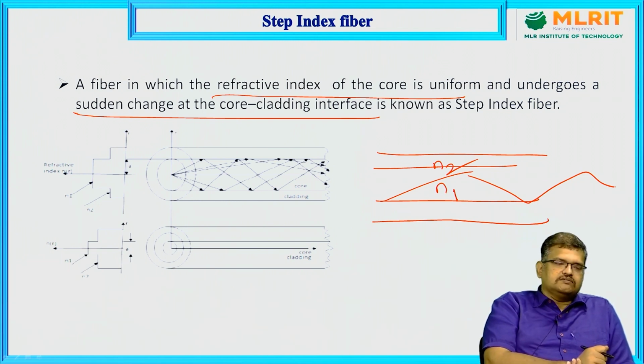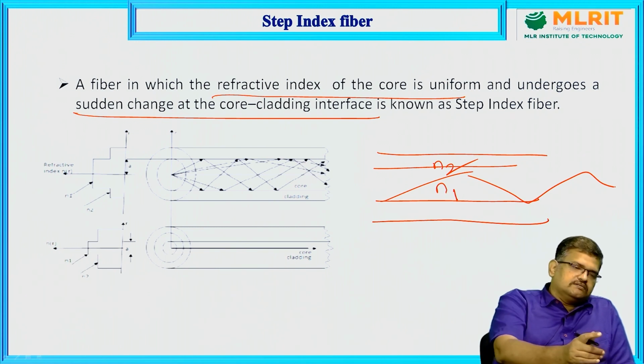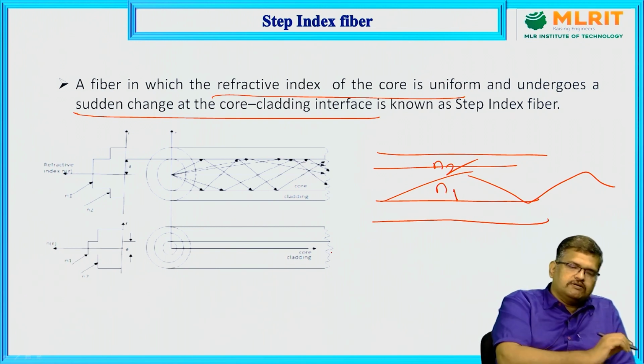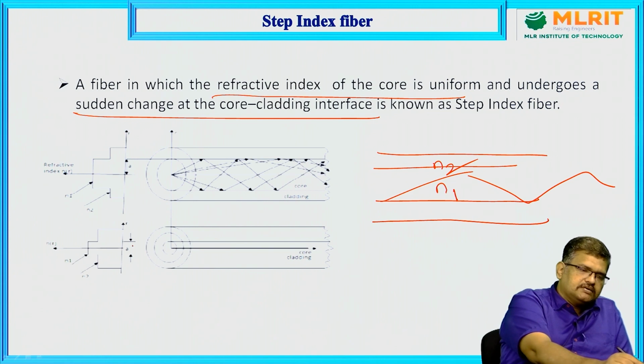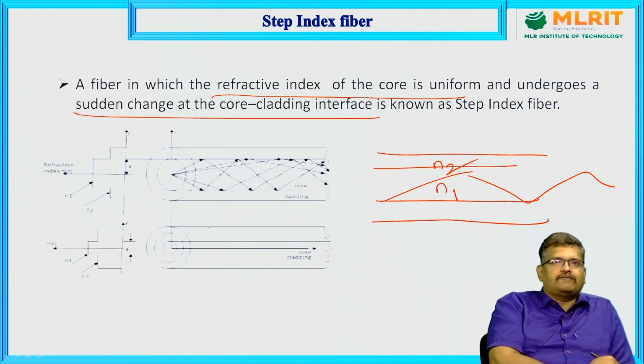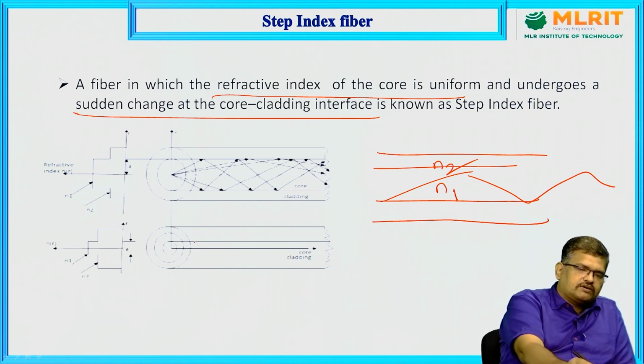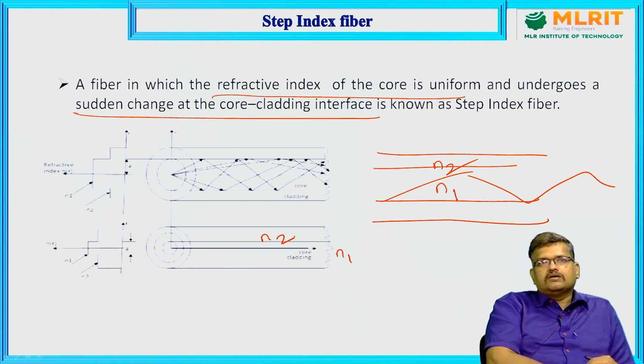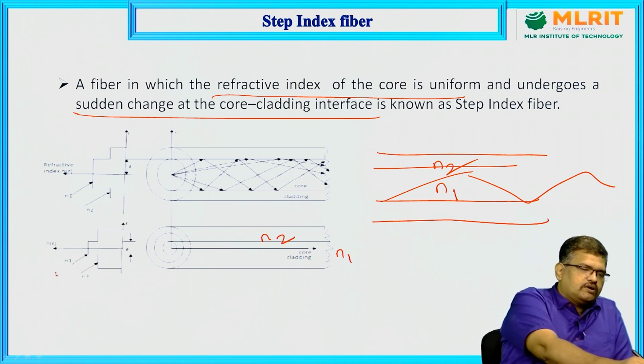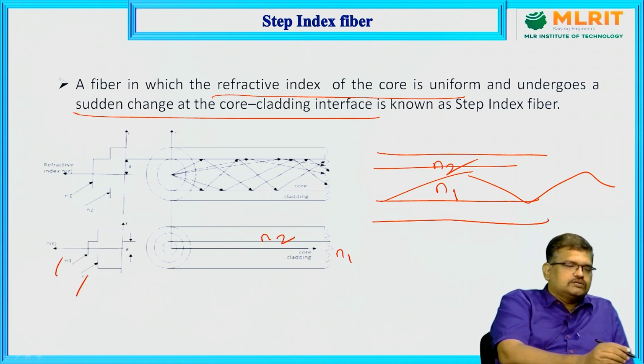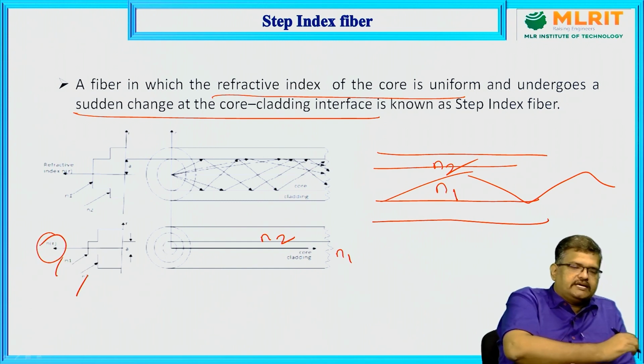Here also, if you see, this is the step index single mode fiber. In this diagram, the core refractive index is N1 and the cladding refractive index is N2. Here we can show the side view diagram. This is N1 and this is N2, and this N of r is nothing but the radial distance.